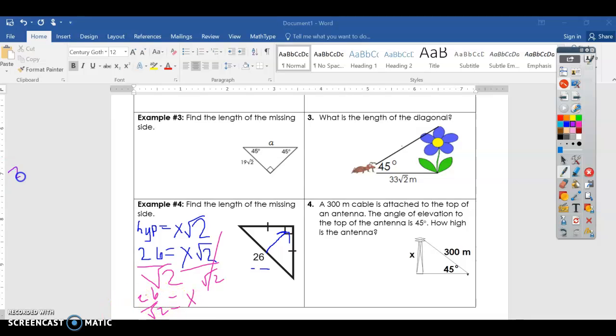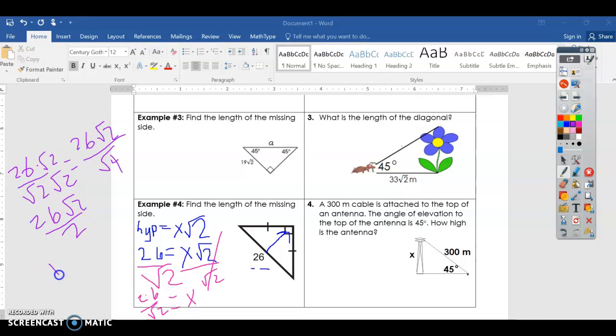So to get rid of it, I'm going to multiply the top and the bottom, the numerator and the denominator, by the square root of 2. So on top, I have 26 times the square root of 2. On the bottom, square root 2 times square root 2 is square root 4. And I know that the square root of 4 is 2. So 26 divided by 2 is 13 square root of 2. So that is my final answer.